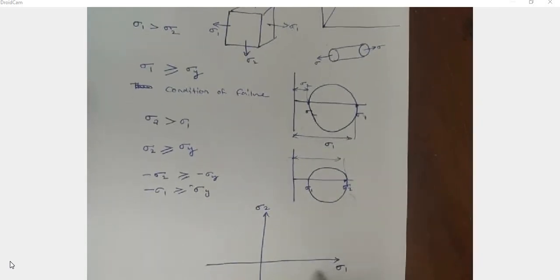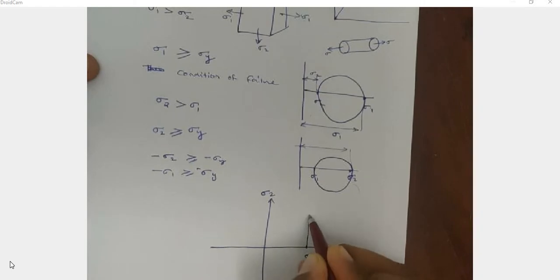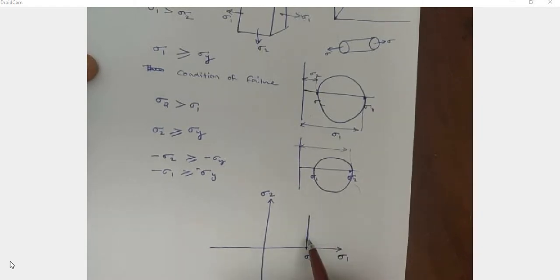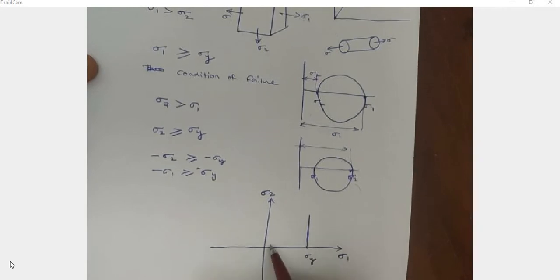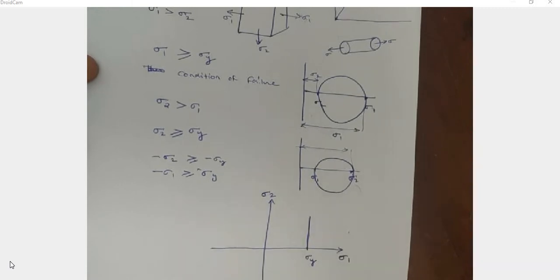This is the sigma 1 direction. For example, this one is sigma y. Then we can draw a line like this. To the left of this line, sigma 1 is less than sigma y. To the right of this line, sigma 1 is greater than sigma y. So to the right it is a failure zone, and to the left it is a safe zone.